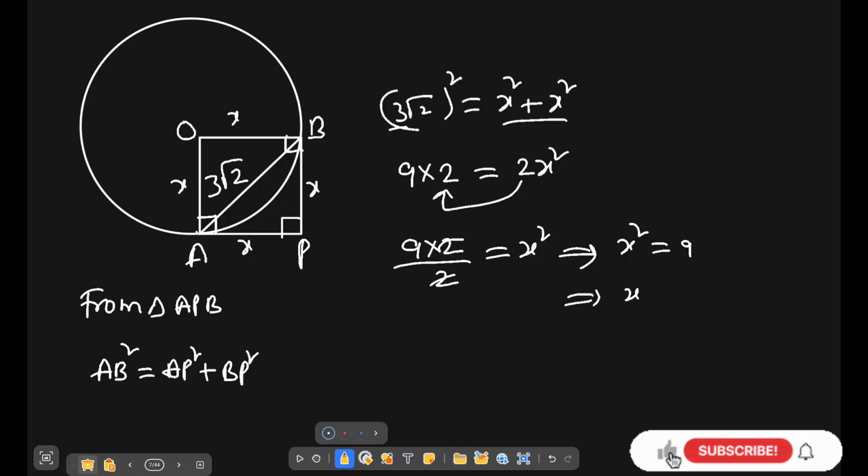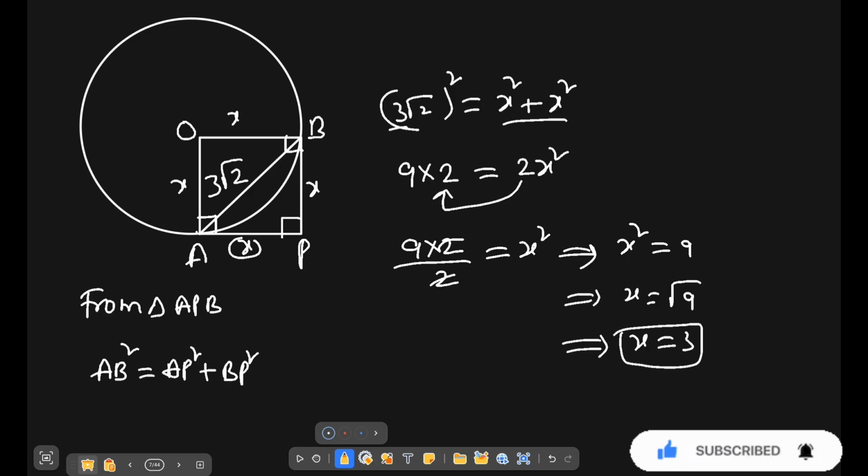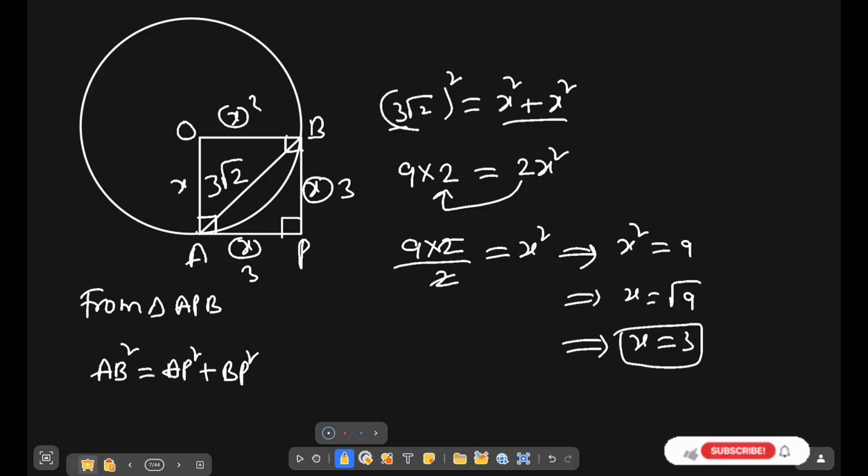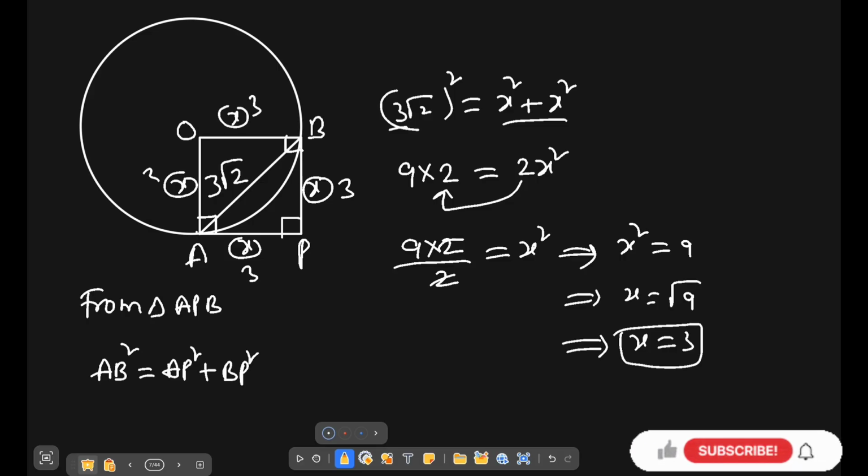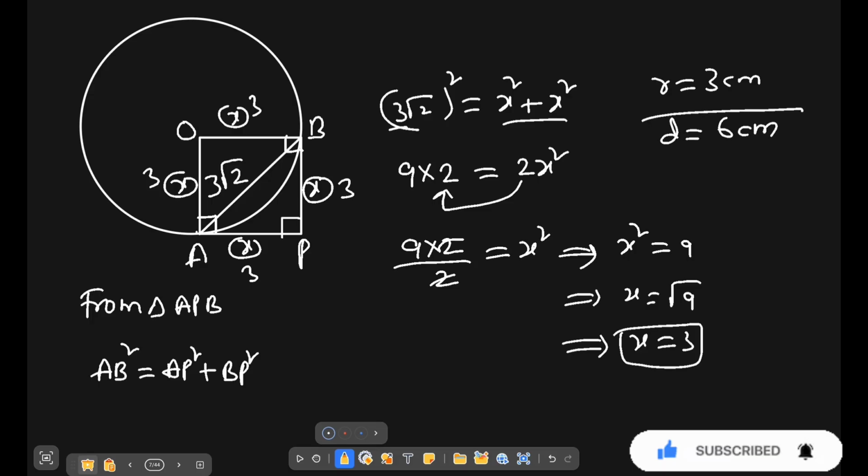Now x is the square root of 9, so x is equal to 3. All of these sides are 3. OA and OB are sides of the square and also the radius of the circle. If the radius is 3 centimeters, then the diameter is double the radius, which is 6 centimeters.